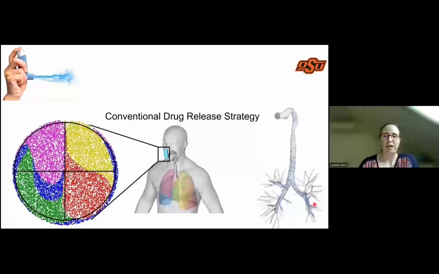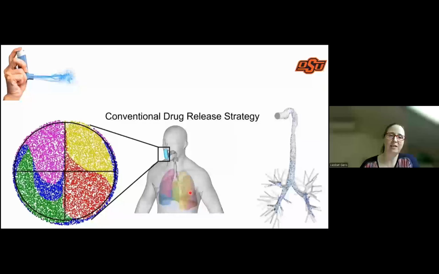If you look at an inhaler, what they did here is they color-coded different parts of the lungs, and then they looked at this cross-section of what comes out of the inhaler, and then looked at all of the particles that are at these different places in the cross-section, to see where they ended up in the lungs.